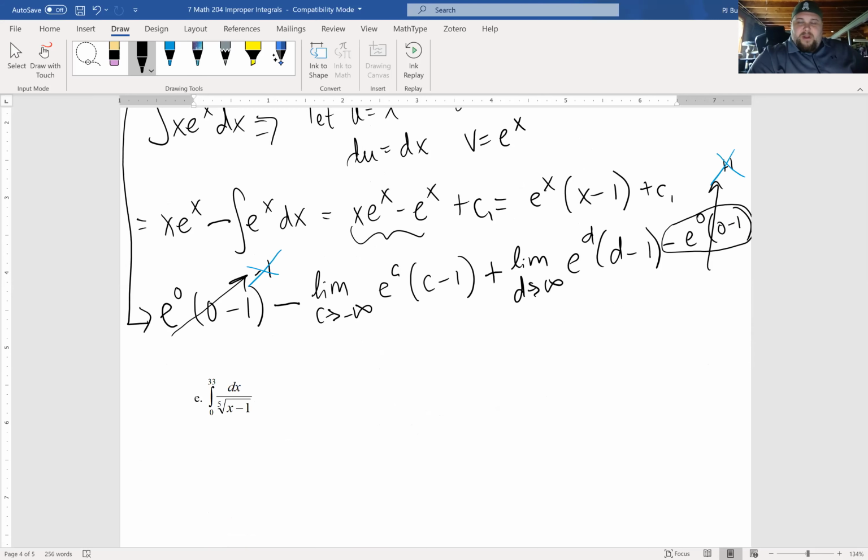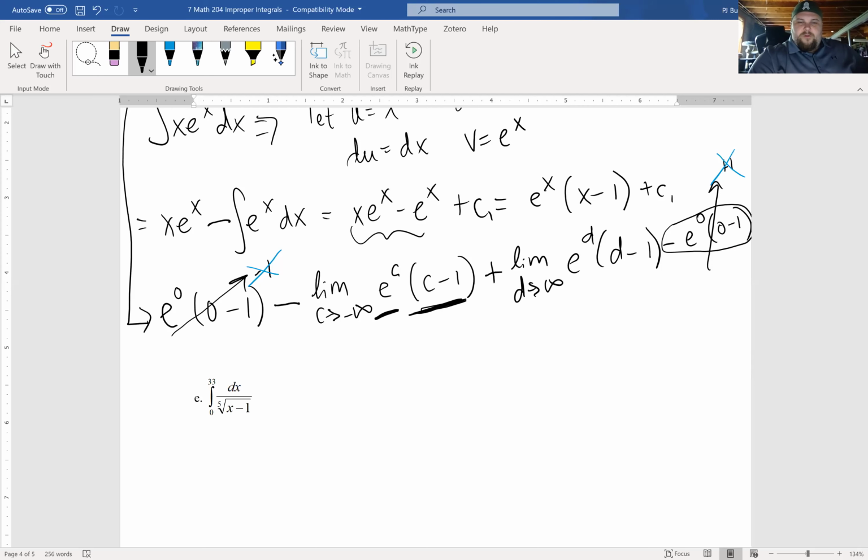So just like the last problem, when we're evaluating limits, we could look at the graphs of the function. Another way to look at it is we've got an exponential function and we've got a linear function.